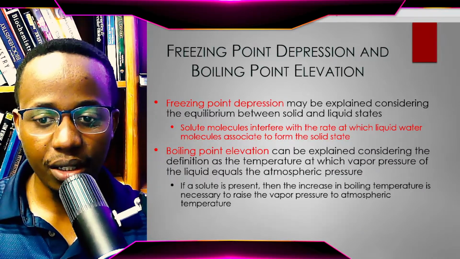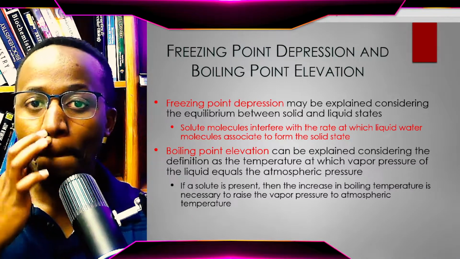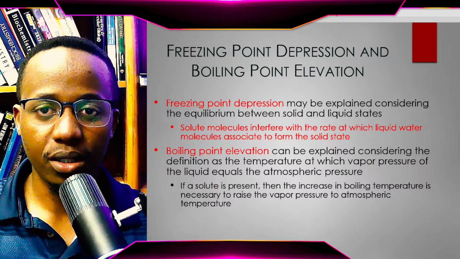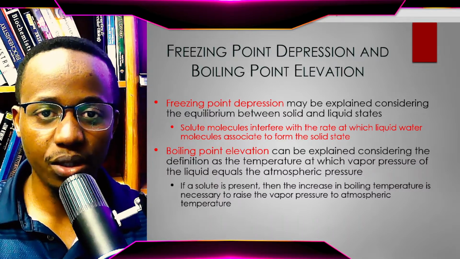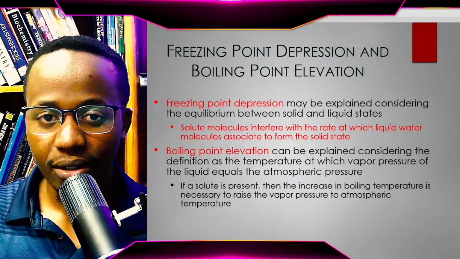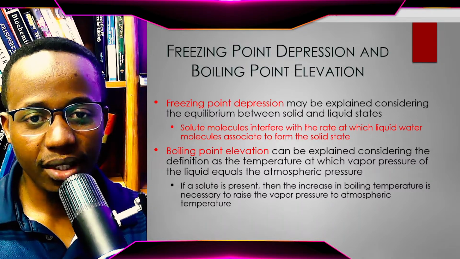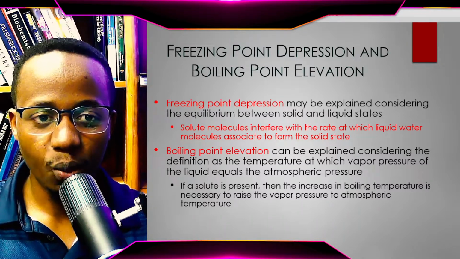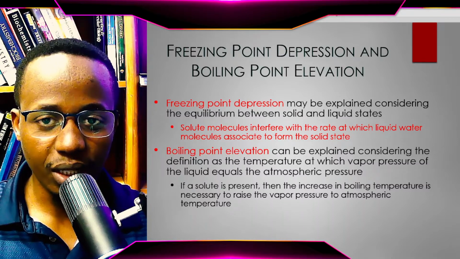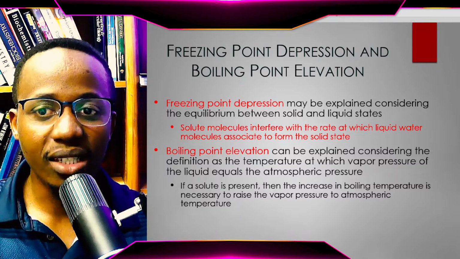All right, let's go to the next one. Freezing point depression and boiling point elevation. So the freezing point is going to get lower when you increase the solute concentration, and the boiling point is going to get higher. And why do they do that? Well, if you're freezing water, for example, the solute molecules in water are going to interfere.